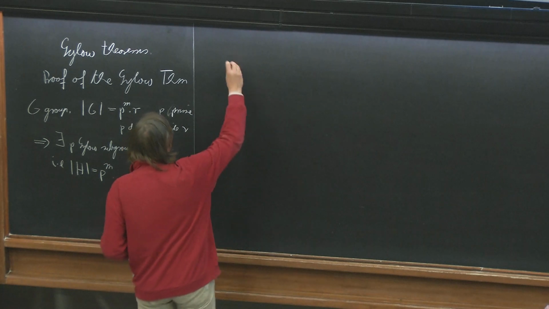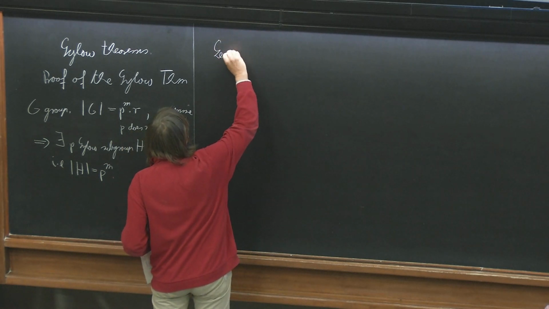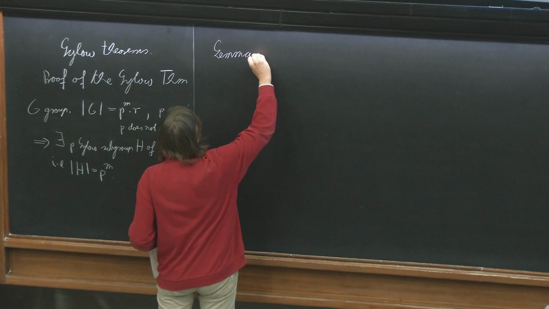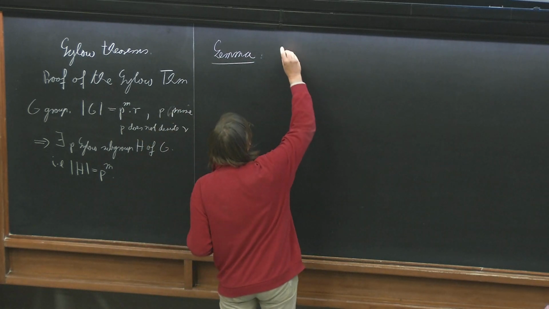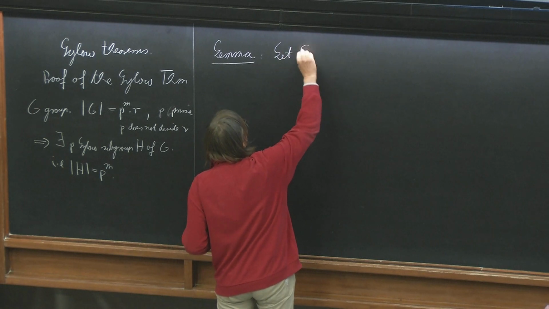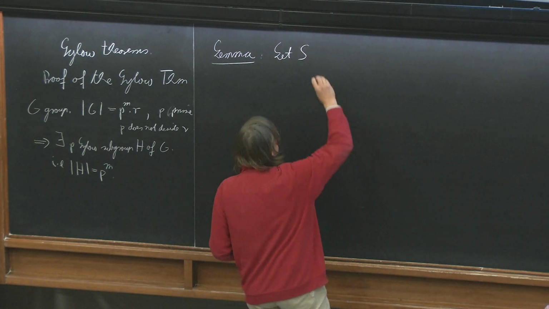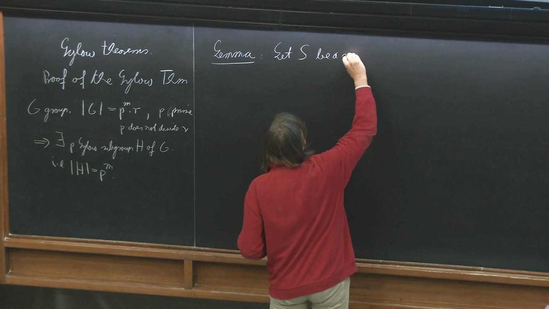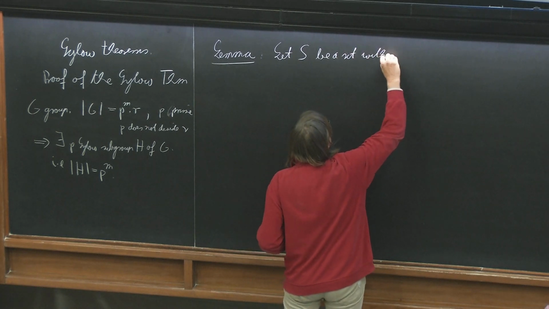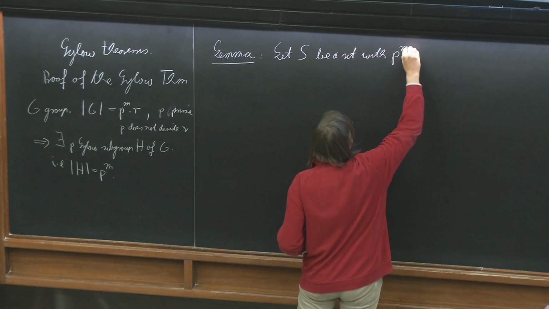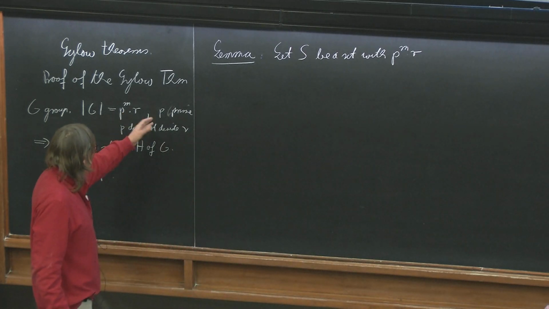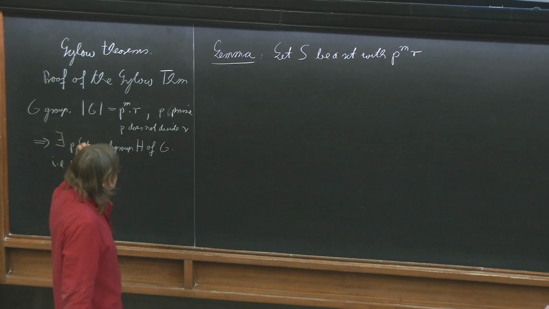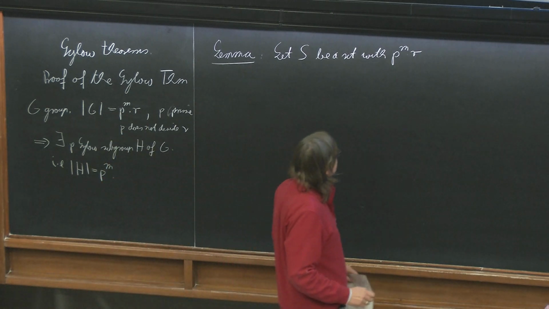So first I start with an elementary lemma, which is just about counting things. So let S be a set with p^m times r elements, where we have the same assumption here that p is a prime and p does not divide r.